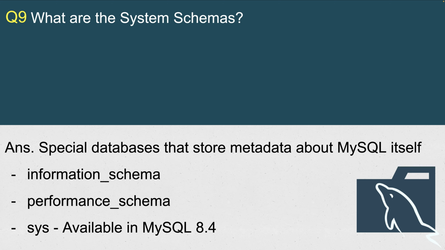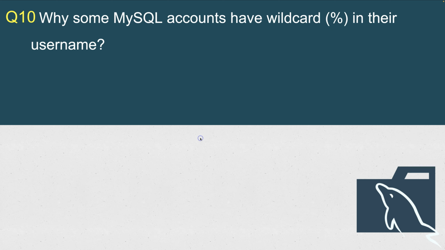A few of the system schemas are information_schema, performance_schema, and if somebody asks you about the sys schema, you can tell them that the sys schema is only available in MySQL 8.4. So what are these schemas? These are basically the information about the MySQL server itself.